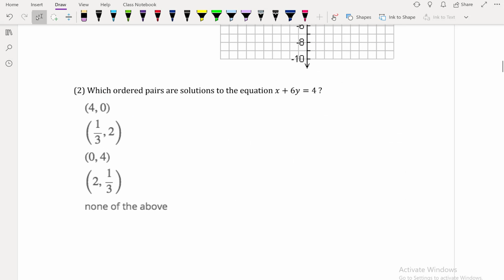Okay. For number 2, it says which ordered pairs are solutions to the equation. So what they want us to do is just plug in values and see if it works. So let's think of this as equation number 1. I'm going to let my x value be 4 and my y value equal to 0. Now I'm going to plug it into x plus 6y is equal to 4.